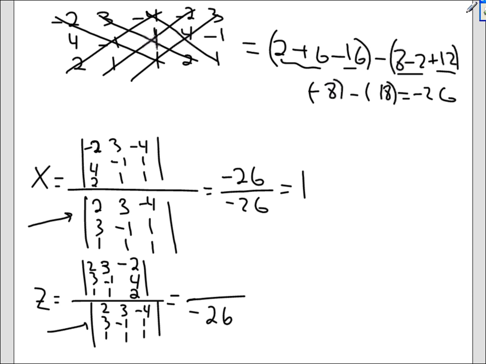If you want to solve for z, we already have the denominator. Just find the top determinant. If you want to solve for y, the bottom determinant is the same as the one for x and z. It's negative 26.